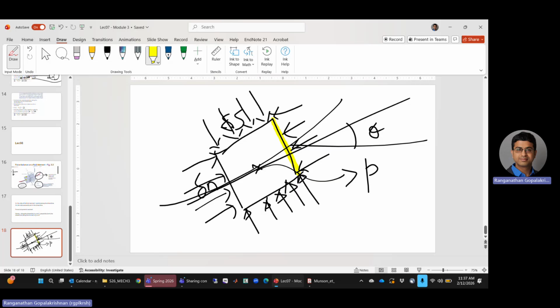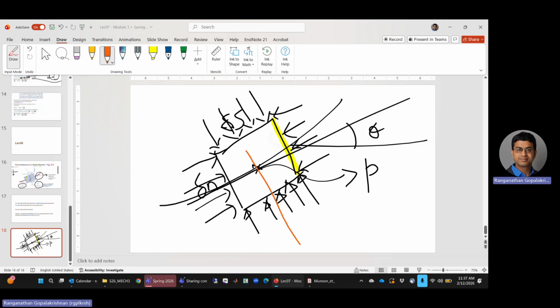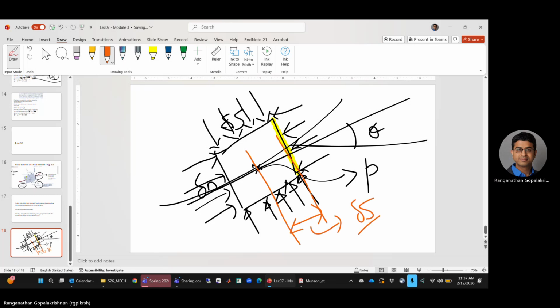at the station, which is at a distance of what? This distance is delta S divided by 2, right? If the entire side is delta S, then half of that should be delta S divided by 2.